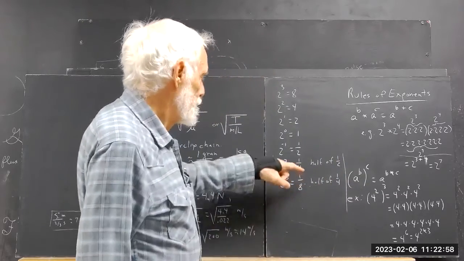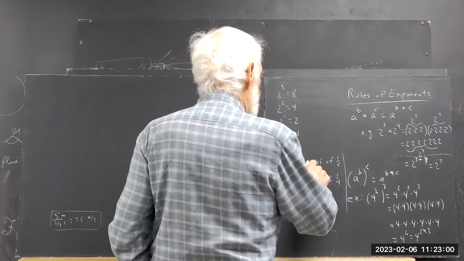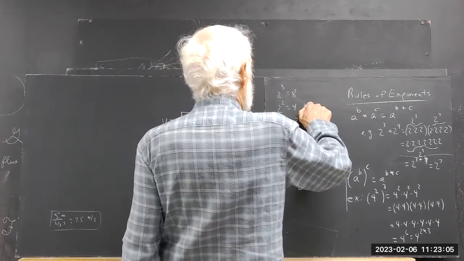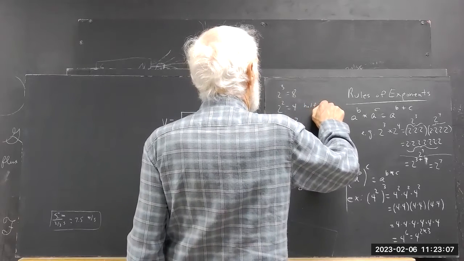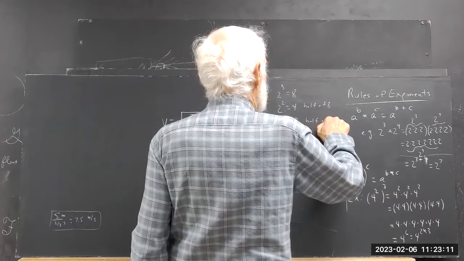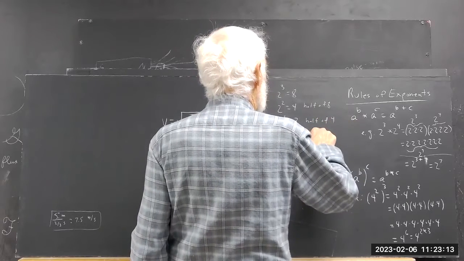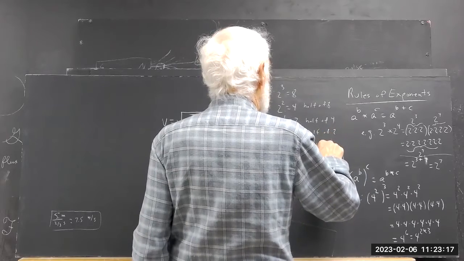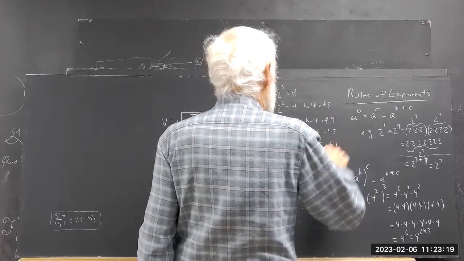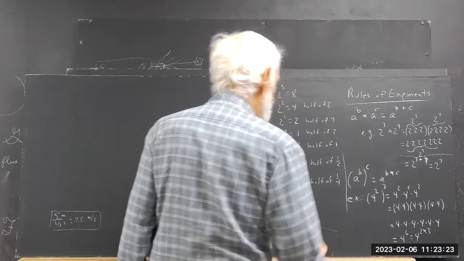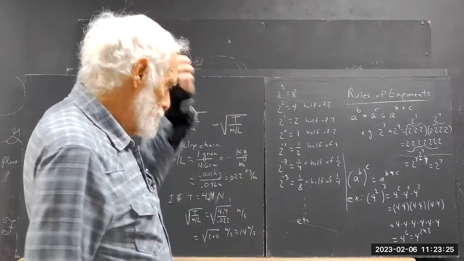Not very carefully, but you know, this is half of a half, this is half of a fourth. This is half of 8, half of 4, half of 2, half of 1, etc. Okay.